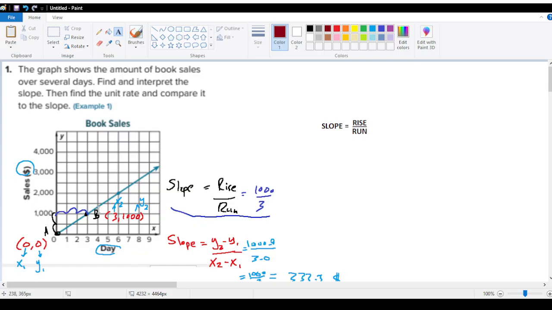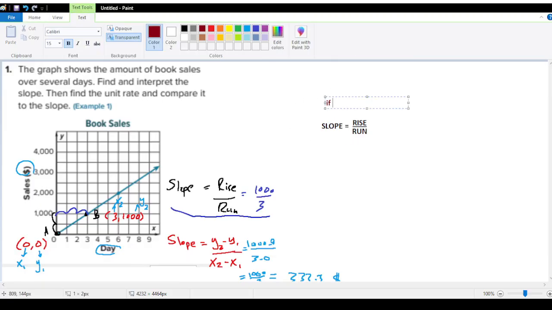Teacher, can you explain question number 2 again? Okay. Now I'm going to re-explain all of them. If the graph is given, we will do rise over run.